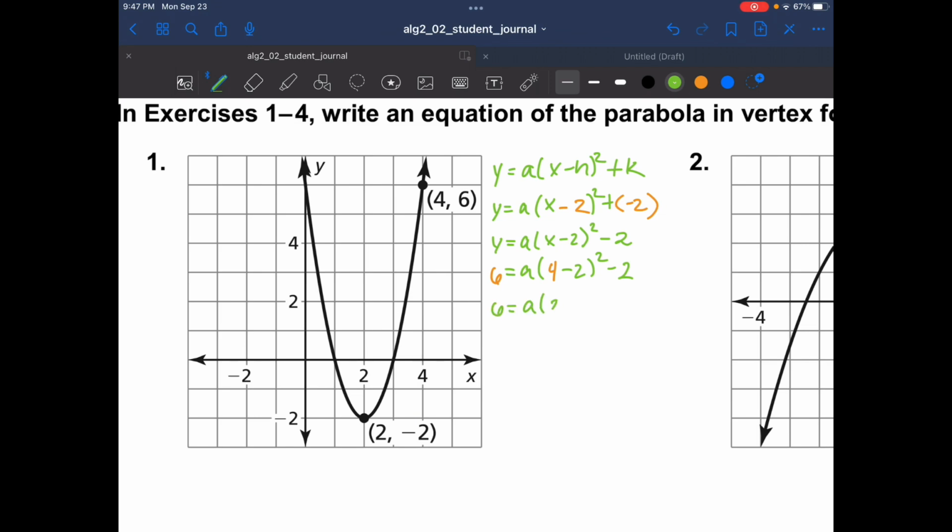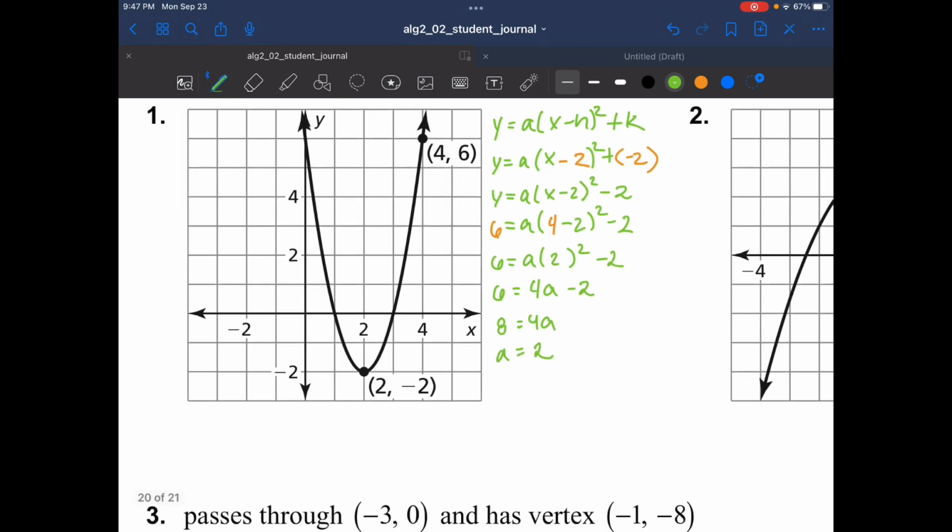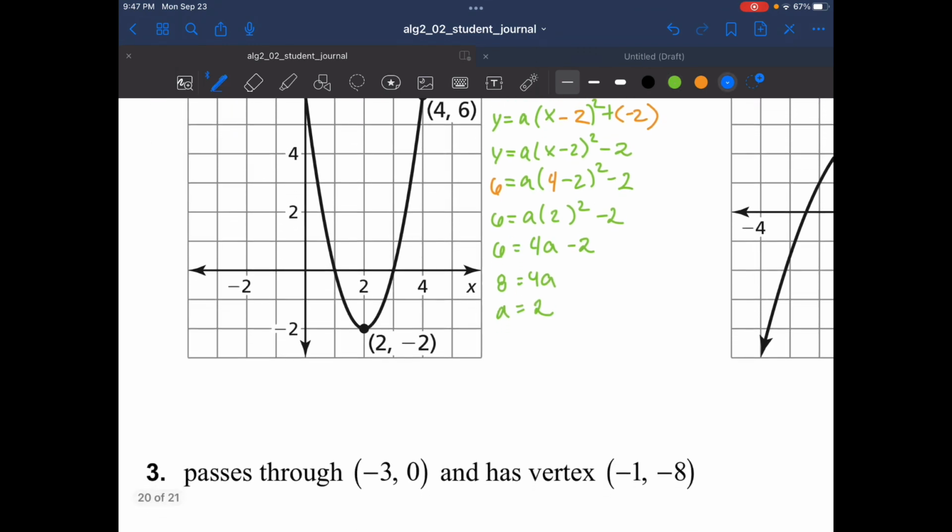So this is going to be 6 equals a, 2 squared minus 2. 6 equals 4a minus 2. 8 equals 4a, and a is equal to 2. So then we're going to plug that a back into the equation here. That's going to be y equals 2x minus 2 squared minus 2.